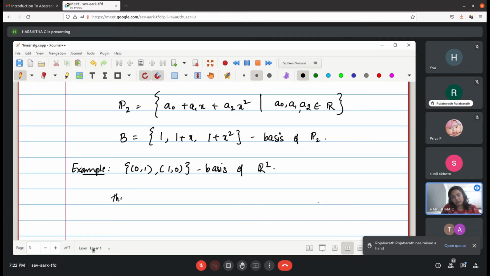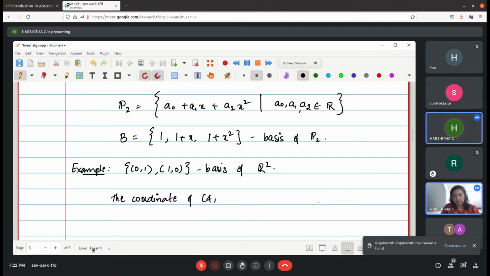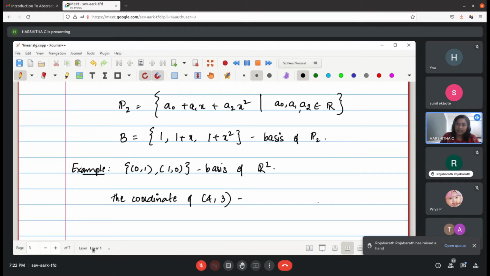So the coordinate of any vector, let's say (4,3), what does it mean? You write it as a combination of these two basis vectors, in the same order. So first you write it as alpha times (0,1) plus beta times (1,0). Then the coordinate will be alpha comma beta.